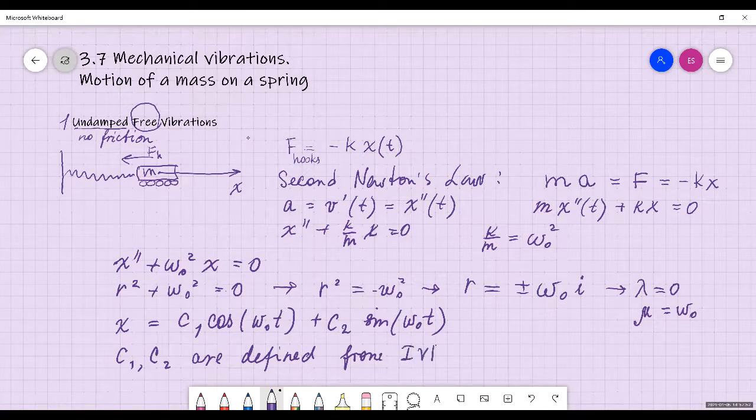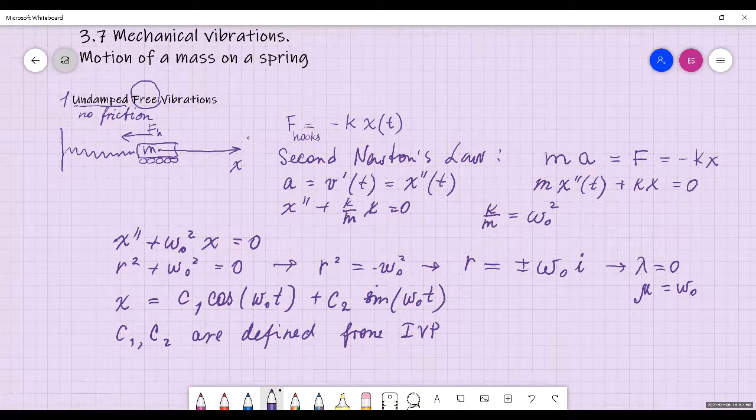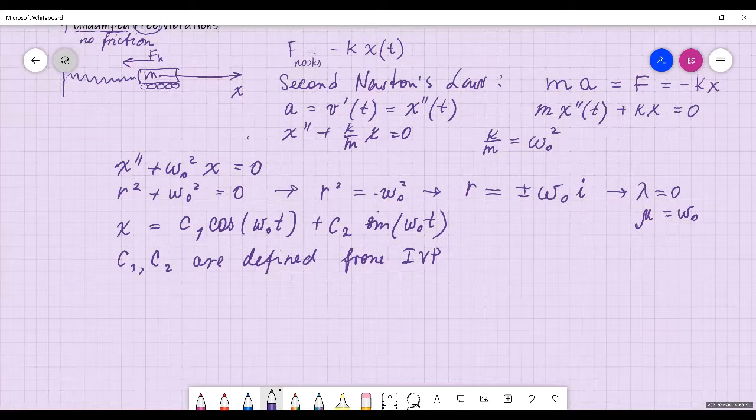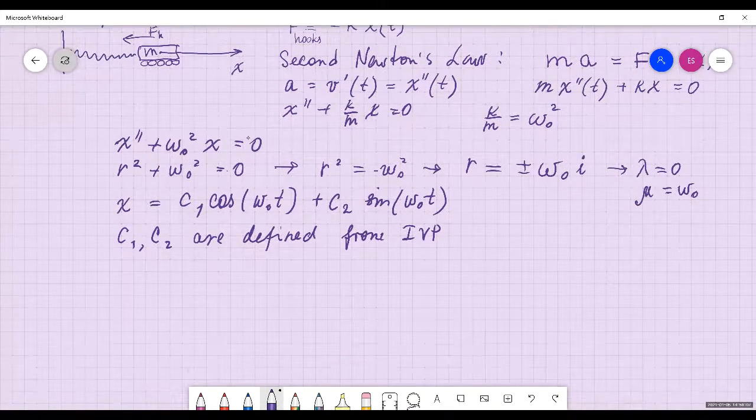Okay, let me scroll it a little bit up, and maybe we should set something up. Well, I'm going to consider one actual problem. We're going to solve it, and then I'm going to explain how else we can represent this final solution. So let's start with our first example.